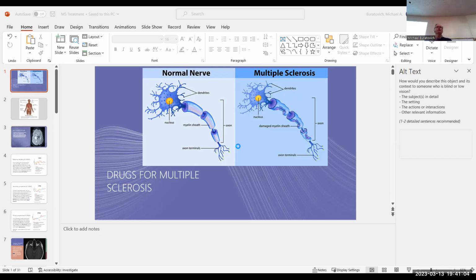Primary progressive, instead of having the attacks and then the return to baseline, you just kind of get worse and worse. Symptoms worsen continuously over time with primary progressive. About 15% of people with MS are diagnosed with primary progressive.